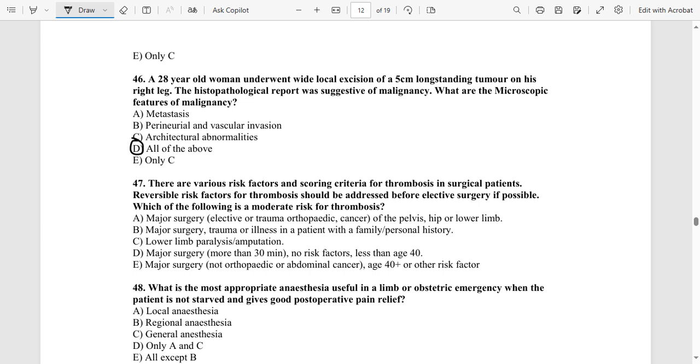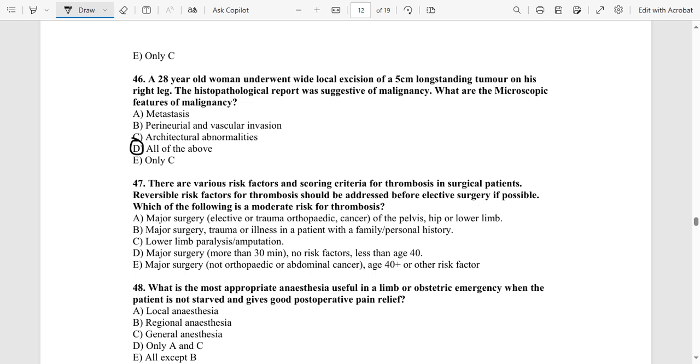So, for the risk factors of thrombosis, anyone that wants to say something? So, we have got major surgery, for example, elective or trauma, orthopedic or cancer, or the pelvic, hip, or lower limb.